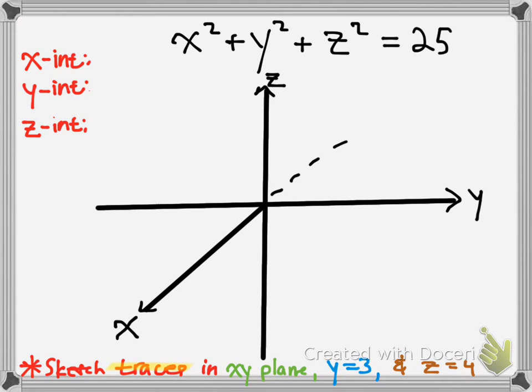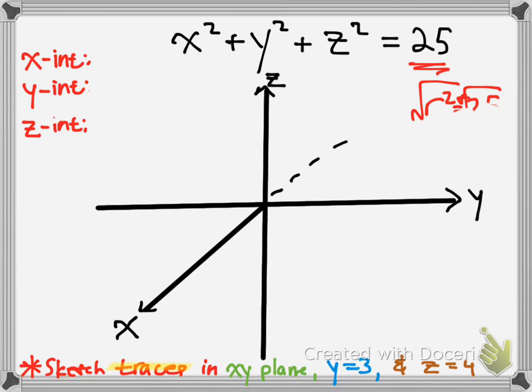Okay, so you know that the equation is x squared plus y squared equals r squared for a circle. So for a sphere, the radius is also r. So if 25 is r squared, then to find out what r is, you take the square root, plus or minus, right? So the radius is plus or minus 5.